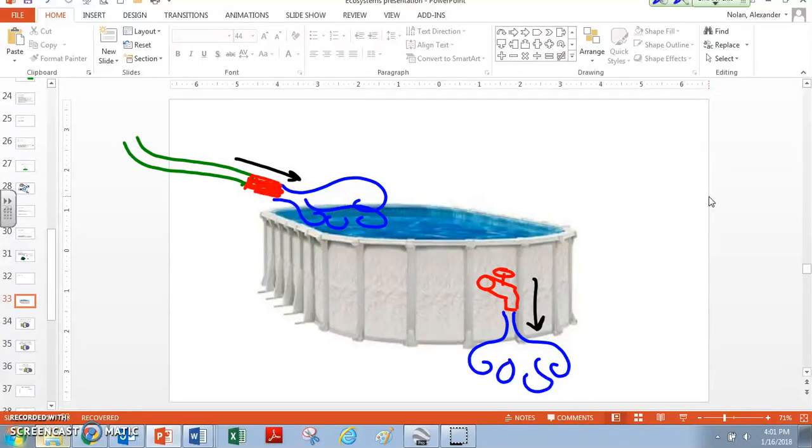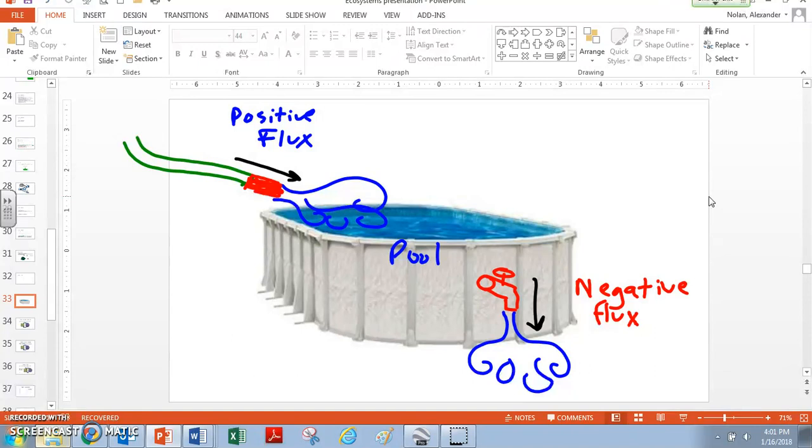So over here, I would call this part, our hose, your positive flux. It is your flux into the pool. This is our carbon pool. And the spigot represents our negative flux. It represents a loss of whatever substance we're talking about.